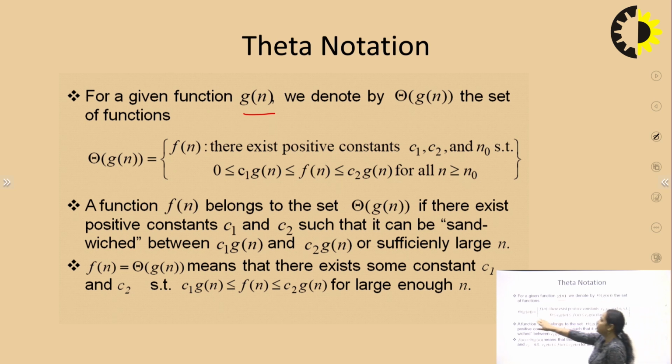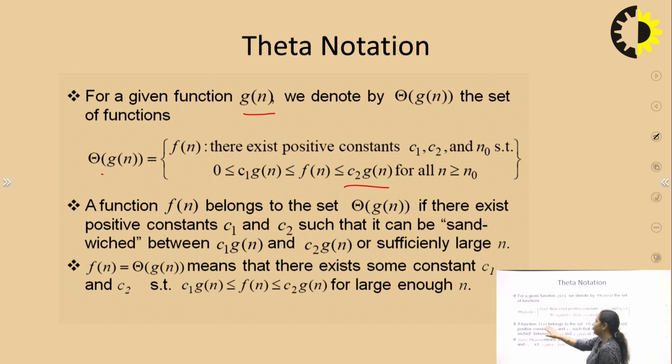The set of functions can be defined as theta of g of n is equal to f of n if there exist positive constants c1, c2 and n0 such that 0 is less than or equal to c1 g of n, which is less than or equal to f of n, and in turn f of n is less than or equal to c2 dot g of n for all n greater than or equal to n0, meaning n must be a positive function.